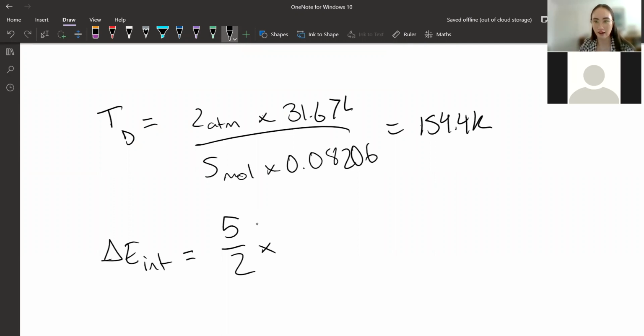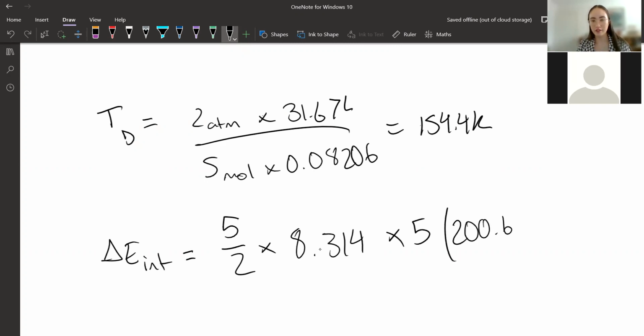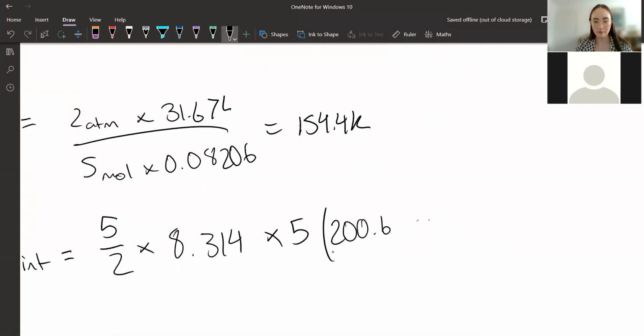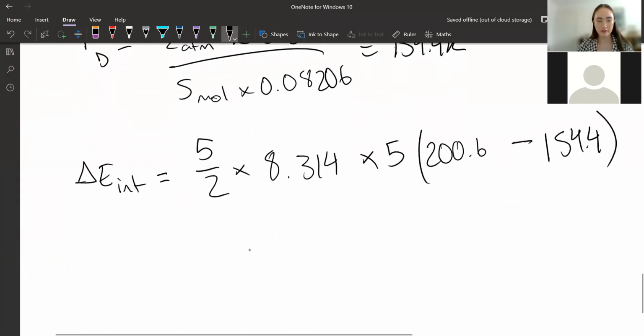So our R value is 8.314. Our number of moles is 5, and our temperature is 200.6 Kelvin minus 154.4 Kelvin. And that gives us 4801 joules.